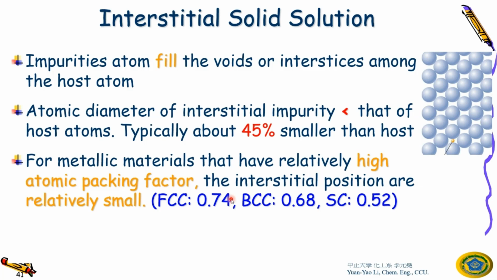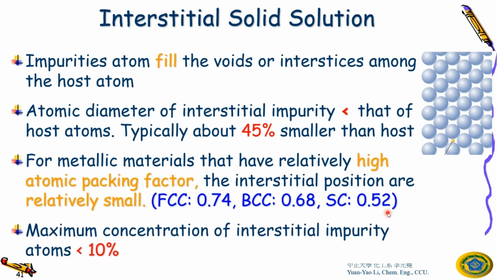So the interstitial positions are relatively small. What's the biggest in terms of the metal structure? Simple cubic, right? Simple cubic has only 52% of the space occupied by atoms. So you have more space to put interstitial atoms, like carbon. Okay.